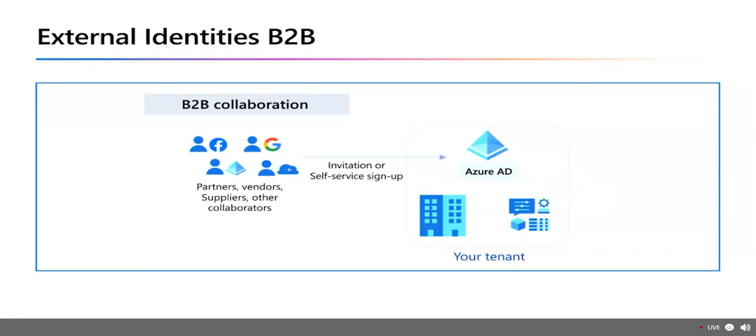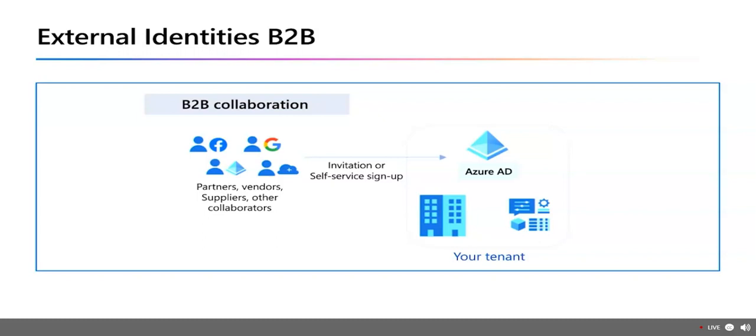So if you want to collaborate with partners, distributors, suppliers, vendors, well, you can share your resources and define how your internal users can access external organizations. Now, if you're a developer creating consumer-facing apps, well, you can manage your customers' identity experiences. Now, with external identities, external users can bring their own identities. Whether they have a corporate or government-issued digital identity or an unmanaged social identity like Google or Facebook, they can use their own credentials to sign in.